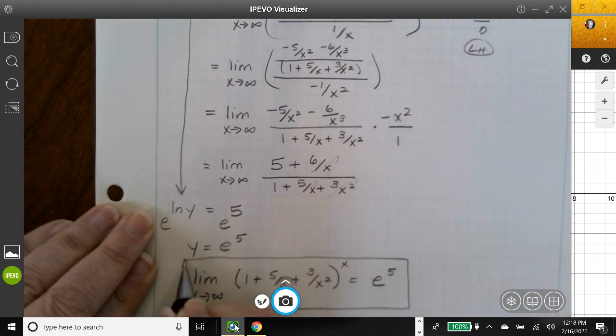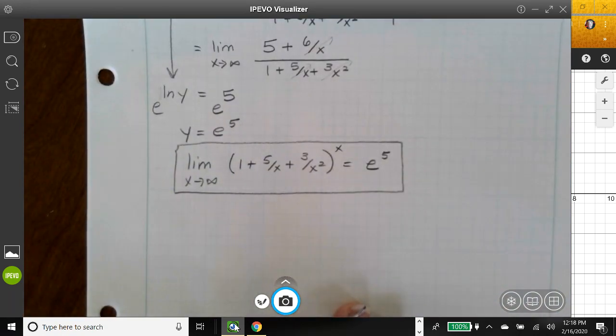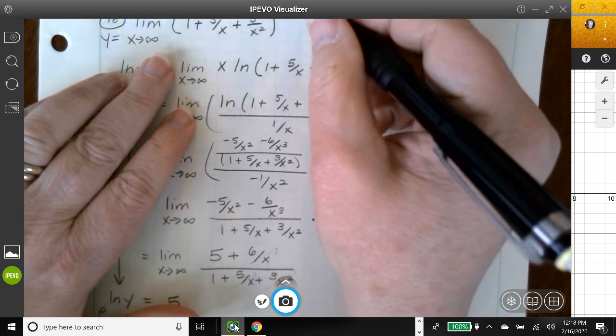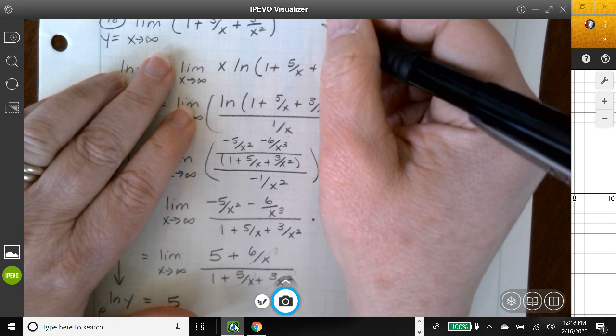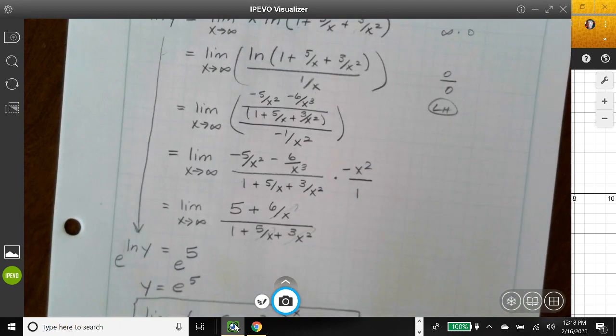Okay, so what is this one? This one is 1 to the infinity, and it turns out to be e to the 5th.